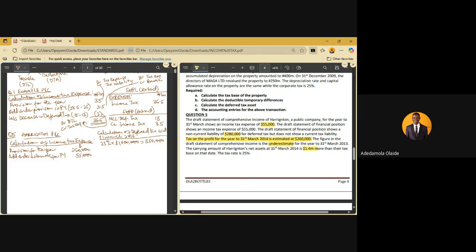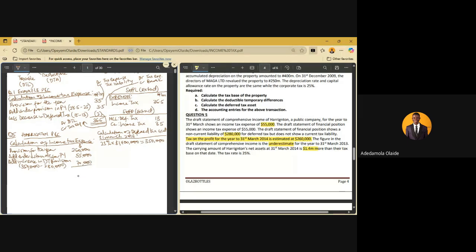Yes, sir. So if that is 350,000, can we now say less? No, we have add, because the deferred tax is increasing. We had it to be 280,000 before, now it's 350,000. So we can say add increase in deferred tax provision. The increase will be 350,000 minus 280,000, which gives us 70,000.